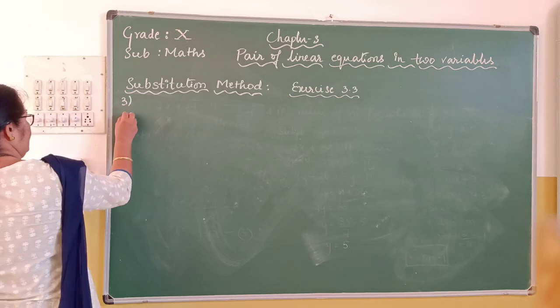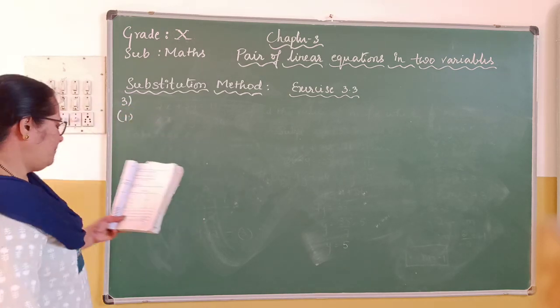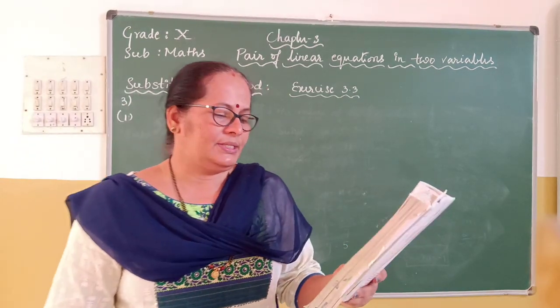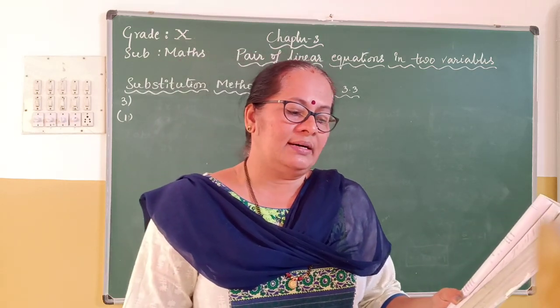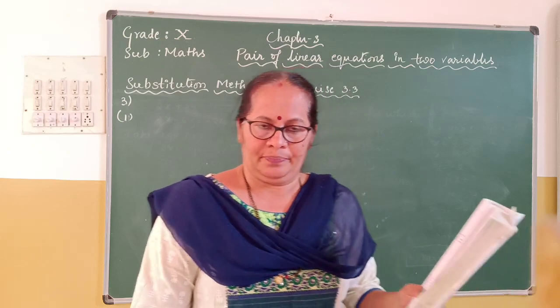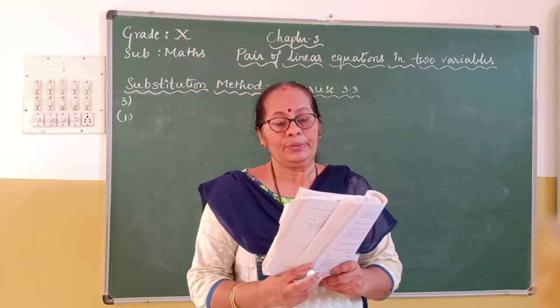Third main, first sum. The difference between the two numbers is 26 and one number is 3 times the other. Find the numbers.